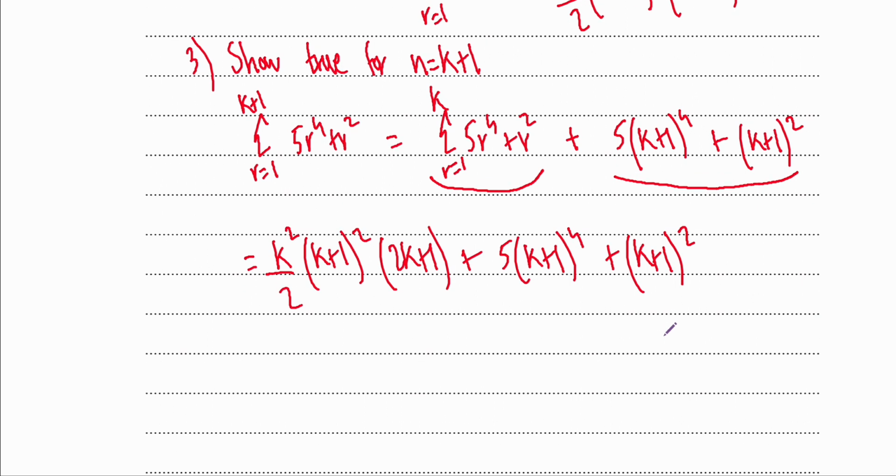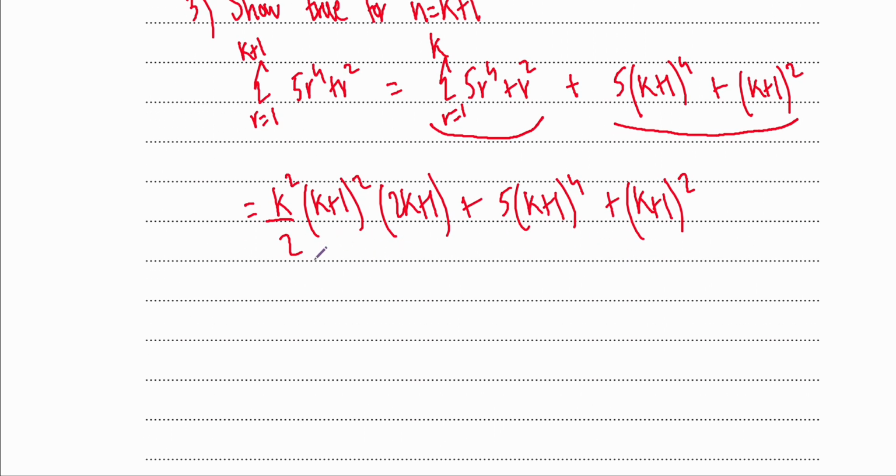Okay. We can see, we can take out k plus 1 squared over 2 as a factor, okay? Because as you see, we have k plus 1 squared here, we have k plus 1 to the power 4, and we have k plus 1 squared. So we can at least take out k plus 1 squared. And I'm going to bring out the half as well, because why not, right? So I'm going to bring out k plus 1 squared over 2.